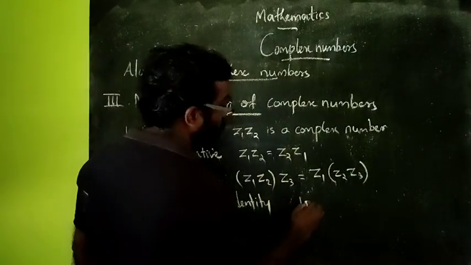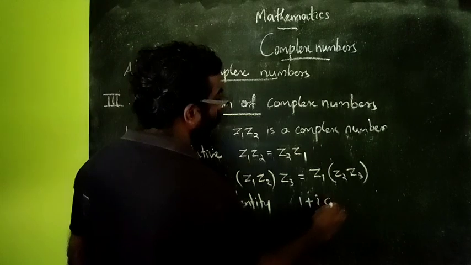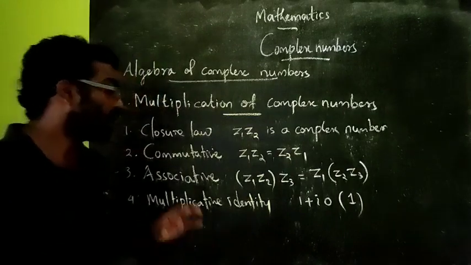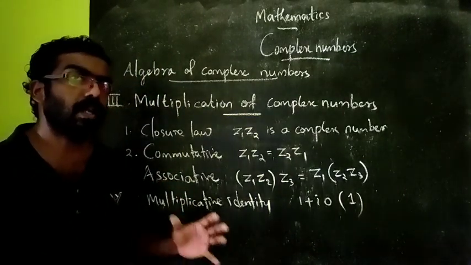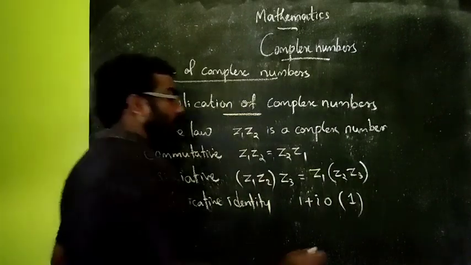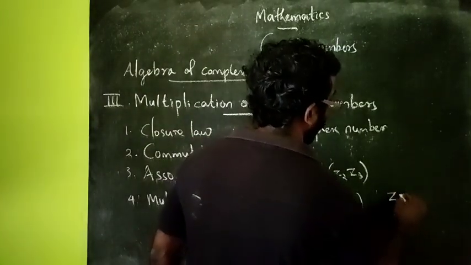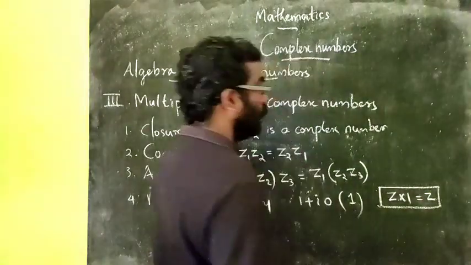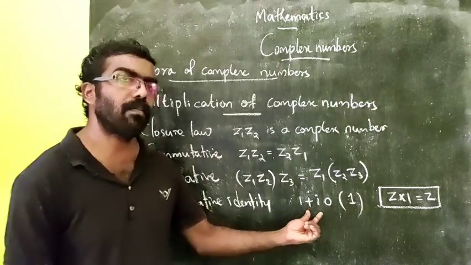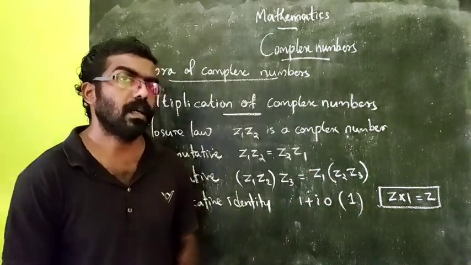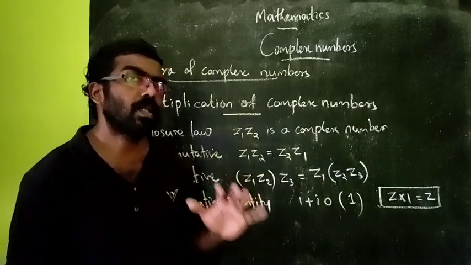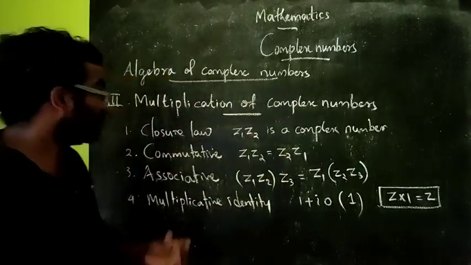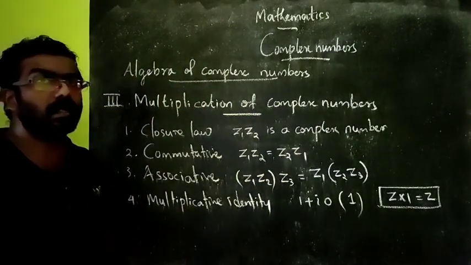So the complex number 1 plus 0i, or simply the number 1, is known as the multiplicative identity for a complex number Z, such that Z into 1 is equal to Z. If we multiply any complex number by the complex number 1 plus 0i, we will get the same result. Z into 1 is equal to Z. So the number 1 or 1 plus 0i can be treated as the multiplicative identity for complex numbers.